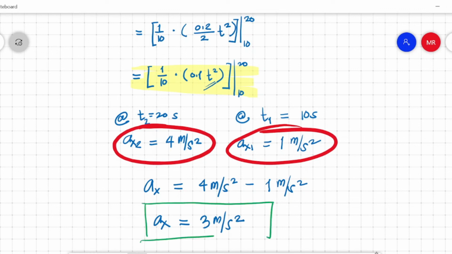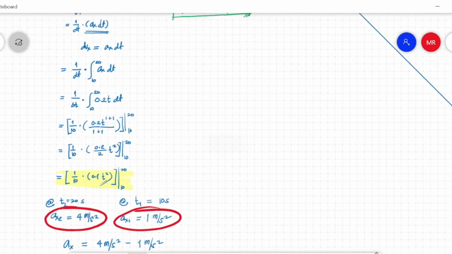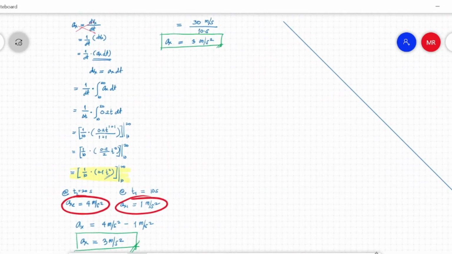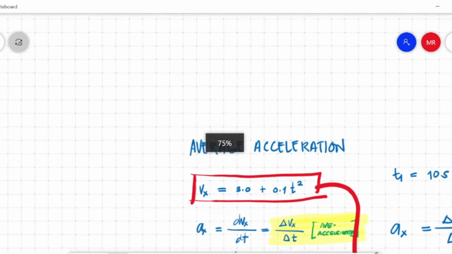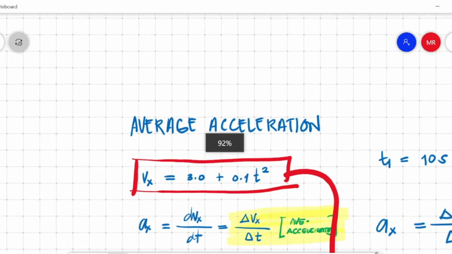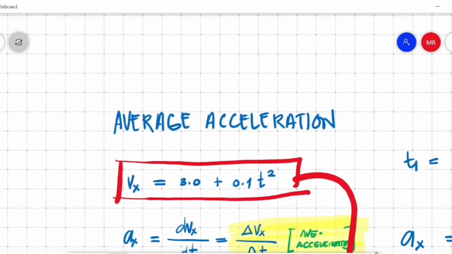This is the same answer that we get using the first method that we used earlier, 3 meters per second squared. So that's how we solve for the average acceleration using our knowledge in calculus.